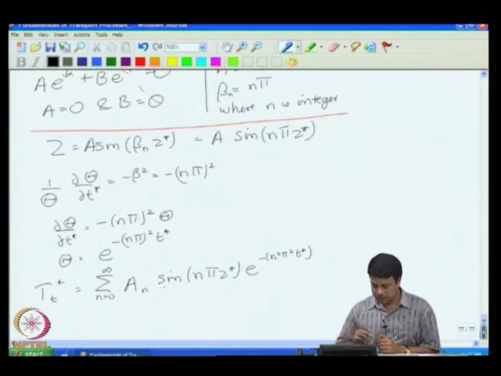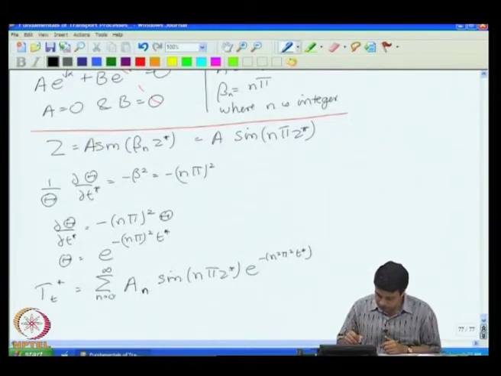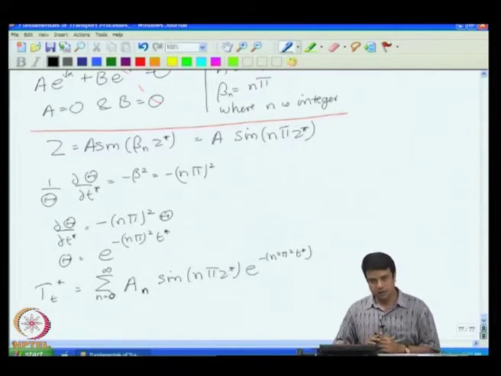So, since it satisfies it for n is equal to 1, n is equal to 2, n is equal to 3, etc., the most general solution is the summation of all of these solutions. Now, we have to determine what the coefficients a n are, in order to find out what the final solution is.